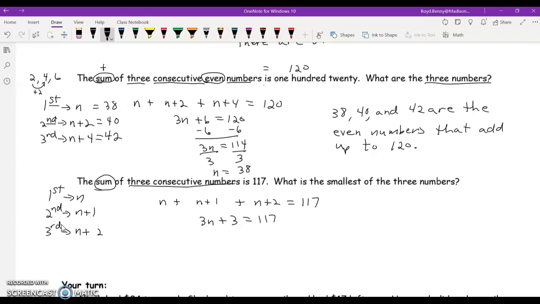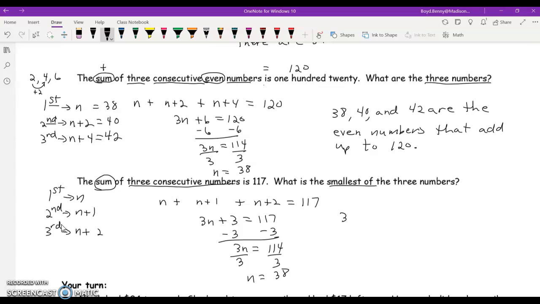And I'm going to have 117 as my sum. I would subtract 3. 3n equals 114. Divide by 3. N equals 38.